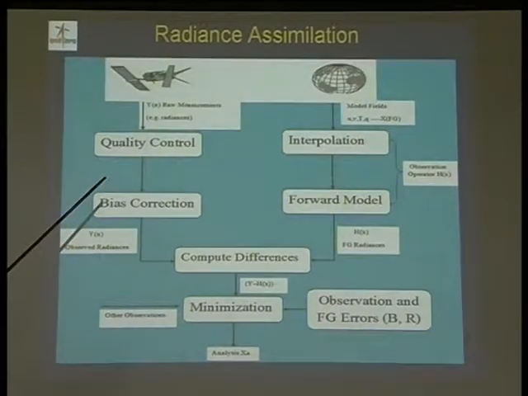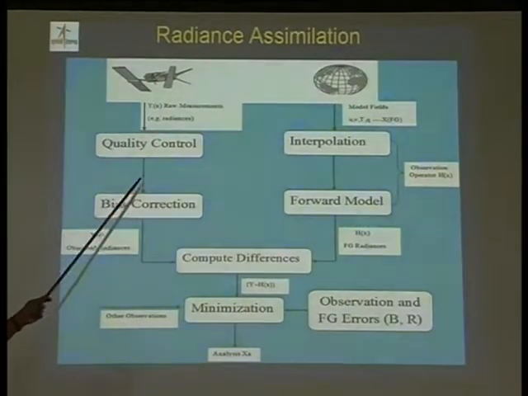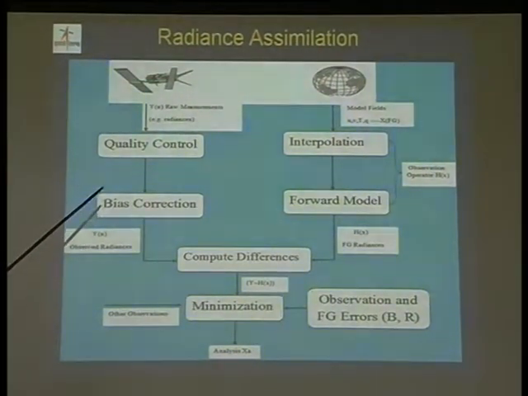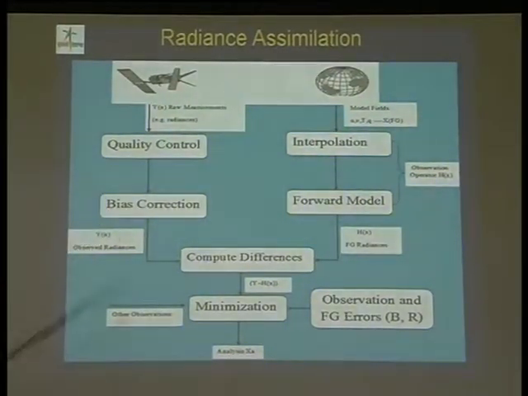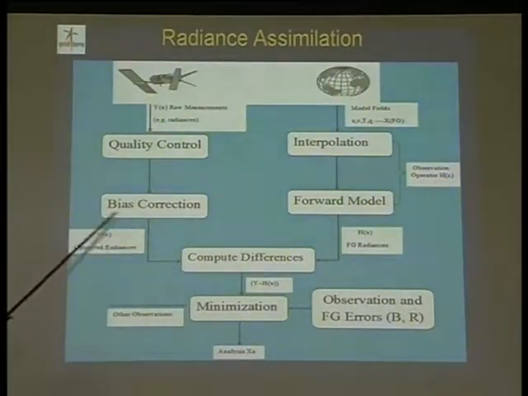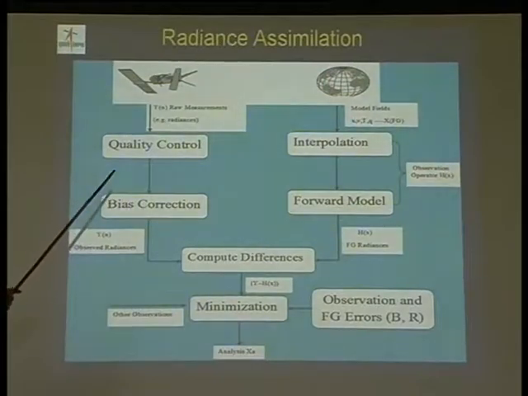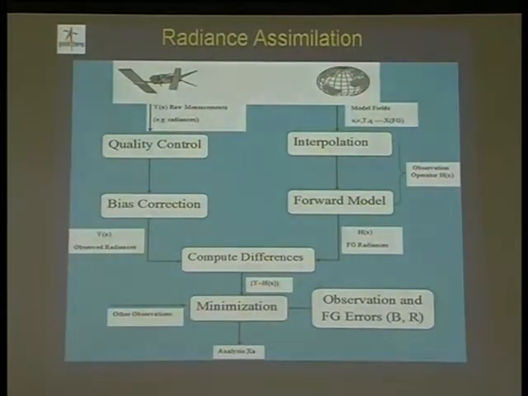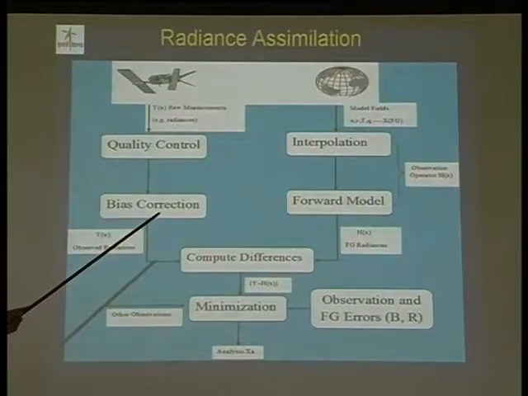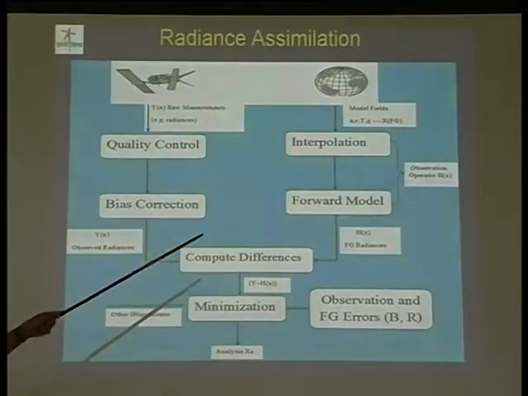But if you use direct radiance for assimilation, then that is radiance assimilation. In this one, we need a few more steps like bias correction, because satellite radiances and the radiances simulated from the forward model using the first guess from model fields may have some bias.